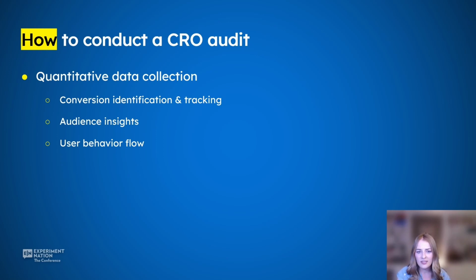So entrances, exits, popular pages in the funnel, bounce rates, drop-offs, pages per session, session duration, things like that are really what go into user behavior flow here. And yeah, we're just trying to get an understanding of the conversion funnel to better evaluate where potential weak points are, where we want to focus our efforts for the audit.